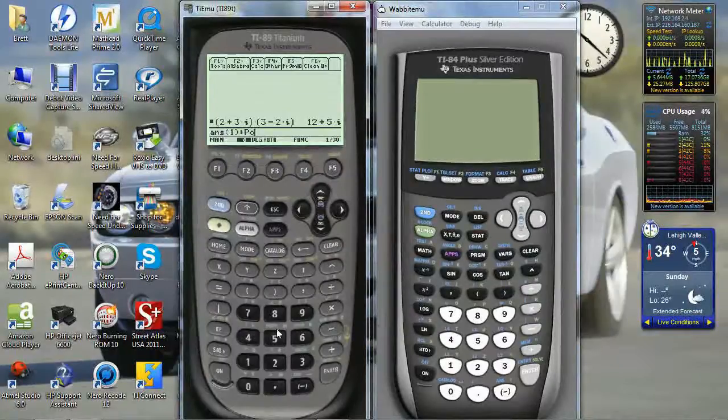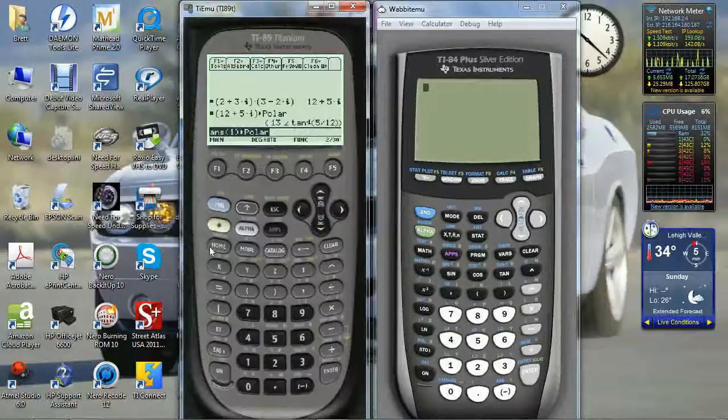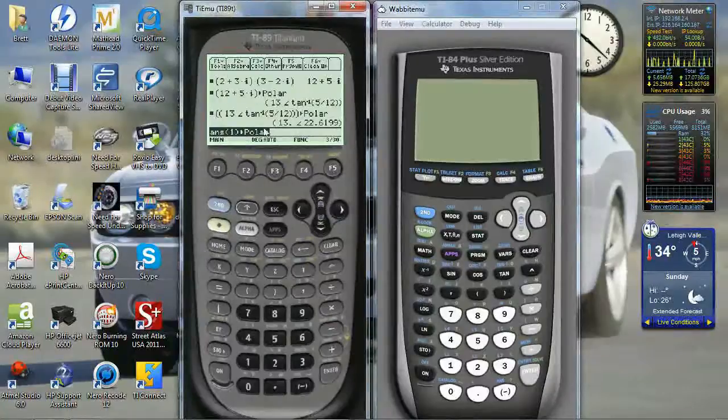And there's O, L, A, R. And when I hit enter, I get this in exact form. If I want it in approximate form, I just need to hit the star key and enter. And there's our value that we're looking for.